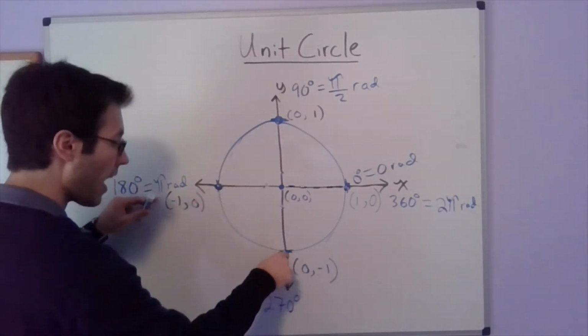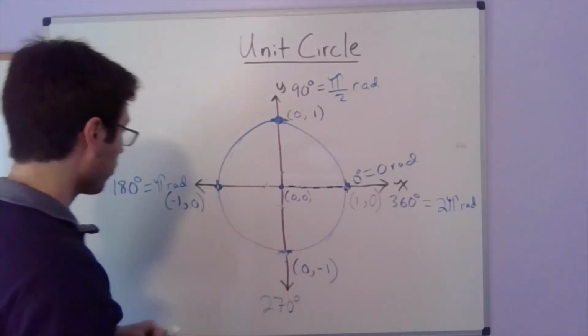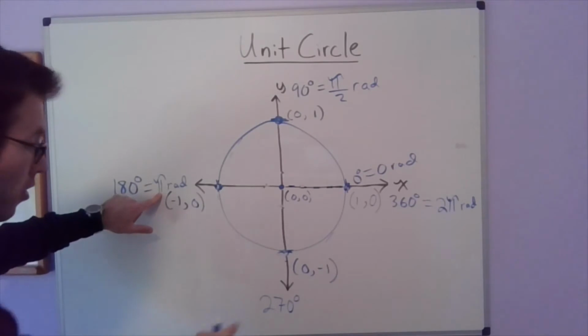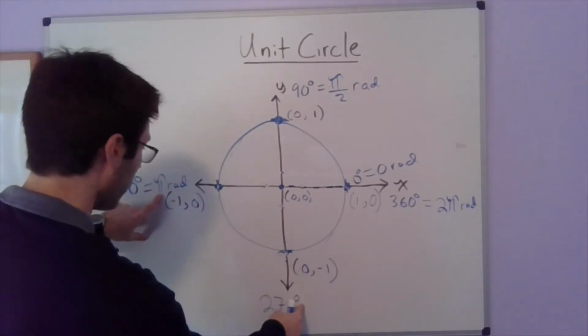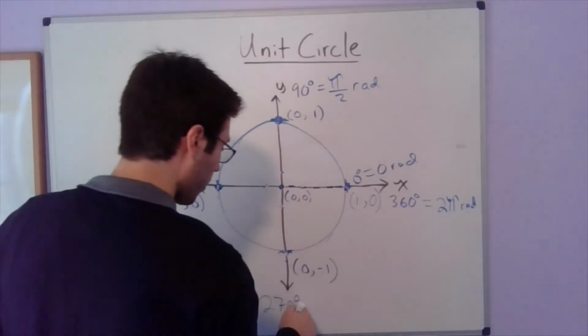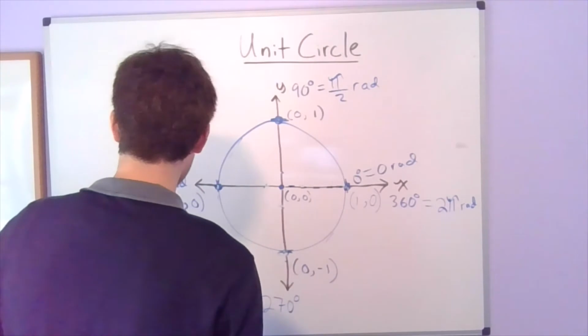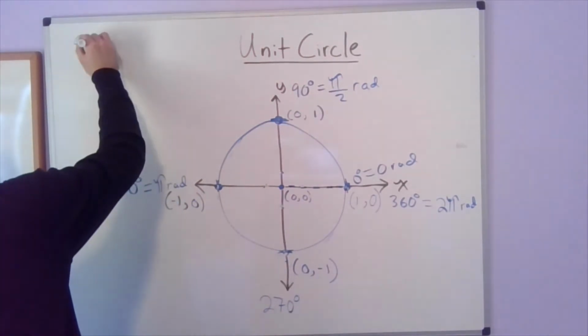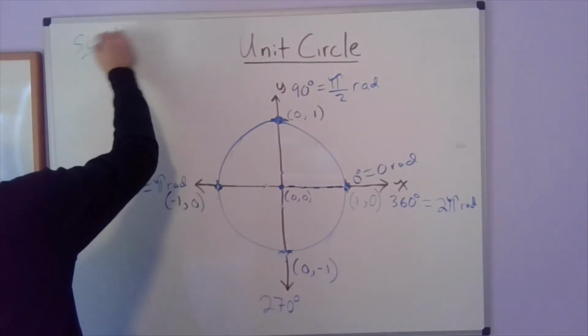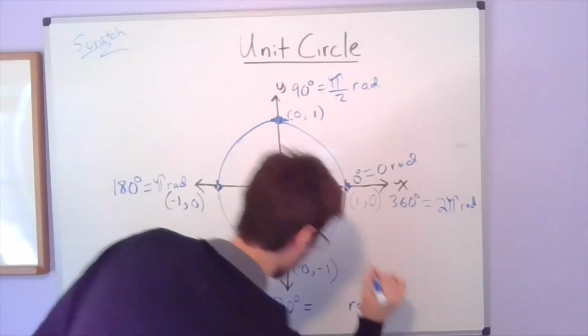And then plus another 90 degrees, in other words, another pi over 2. So this is pi, plus another pi over 2 would be here. In terms of radians, we want to figure out what this is down here. So I'm going to write off to the side here, scratch work. We're trying to figure out what this is in radians.